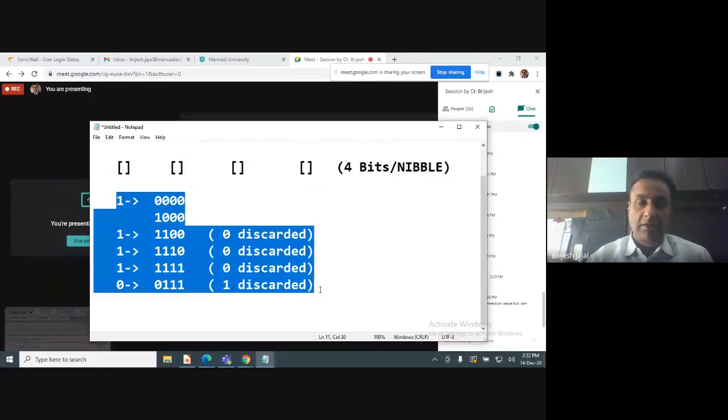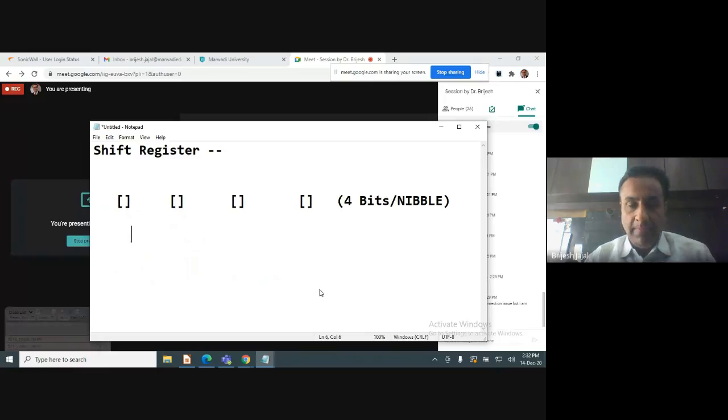If I have the number like this, 1010, and if I say shift left, what will it become? Can you tell me? If I have number 1010 and I have to shift, or rather push, on the left side, what does it become? Till now what we were doing is right side.